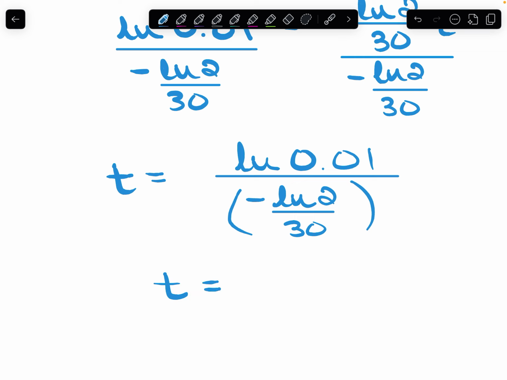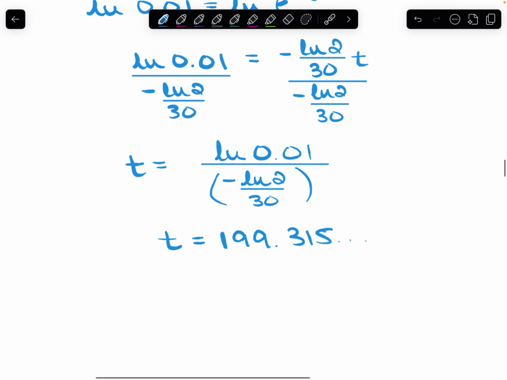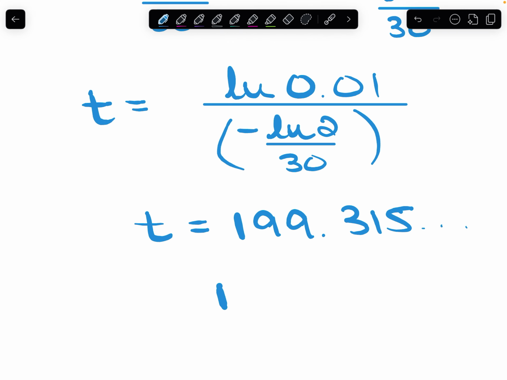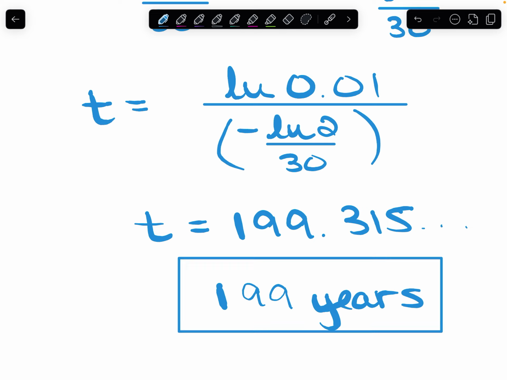The calculator spits out 199.315-ish, and then we go reread: round to the nearest year, so the 0.3 is going to hold it at 199 years. That was a long time.